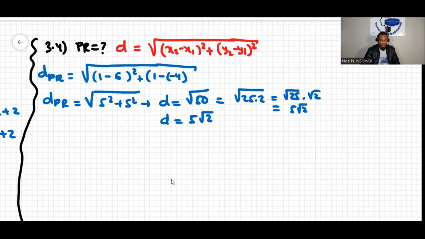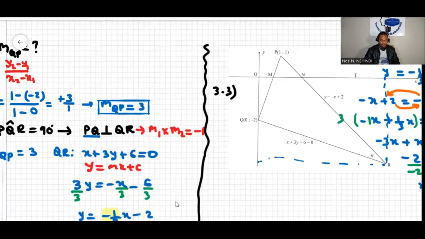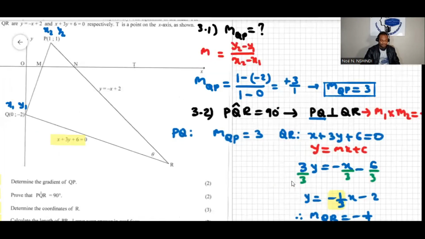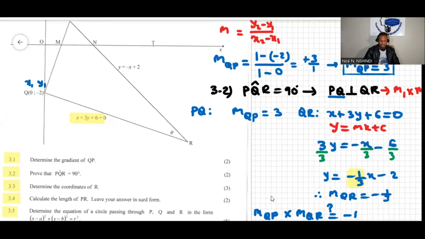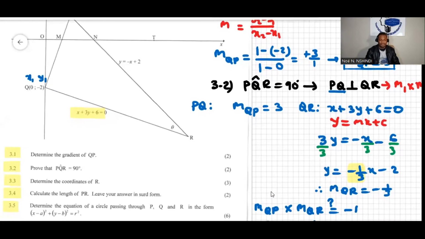Now let's see the following question, question 3.5. Let me move a little bit there. The question says, determine the equation of a circle passing through P, Q, and R in the form (x minus a) to the power of 2 plus (y minus b) to the power of 2 equal to r squared.